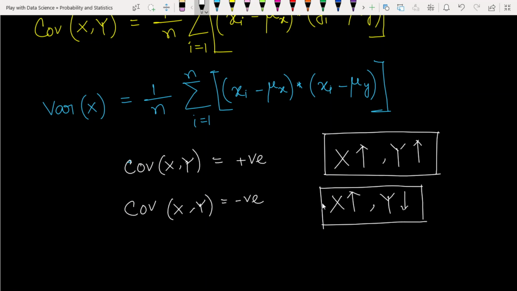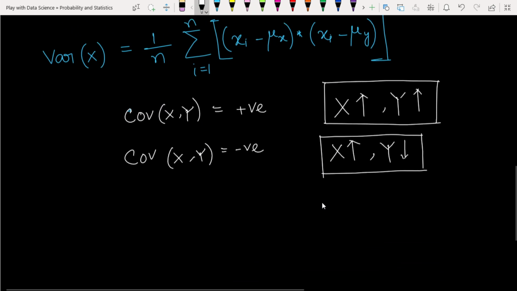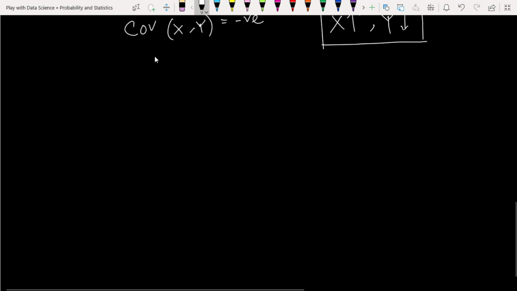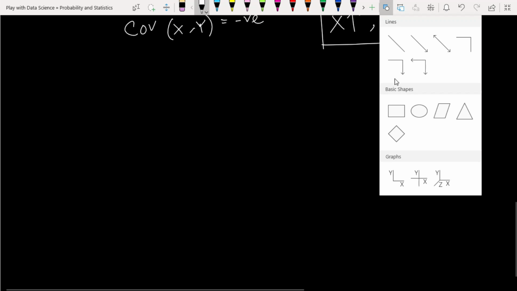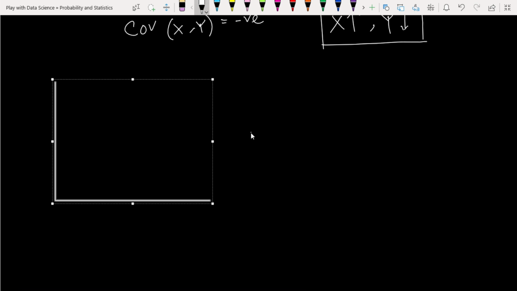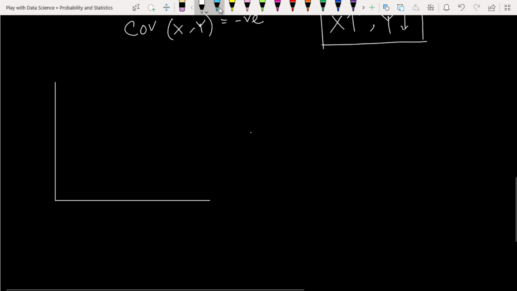Now let's try to understand this from a geometric point of view. Let's draw the diagram first. Suppose the x-axis is for the x random variable and the y-axis for the y random variable, and our data sets for these random variables look like this.